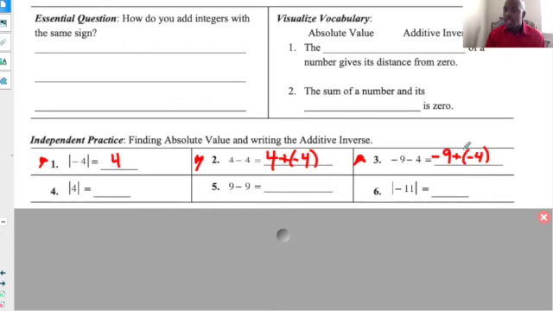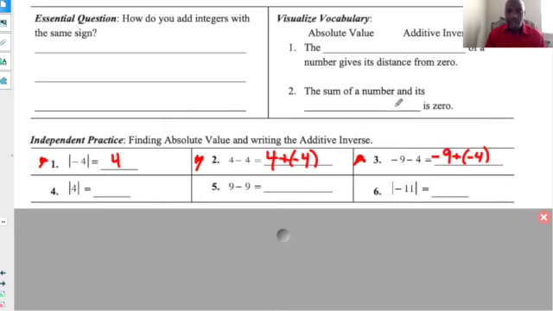I want to show how to change subtraction to an addition. How can I make this problem an addition problem? -9 plus -4, and that's the same thing as -9 minus 4. You're going to see why we're doing this in a second.